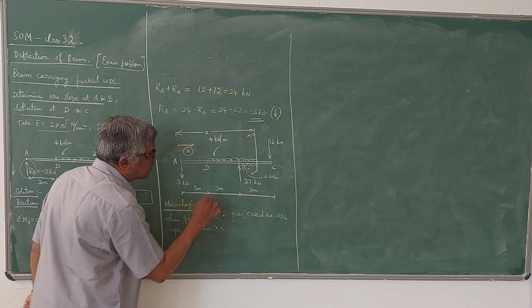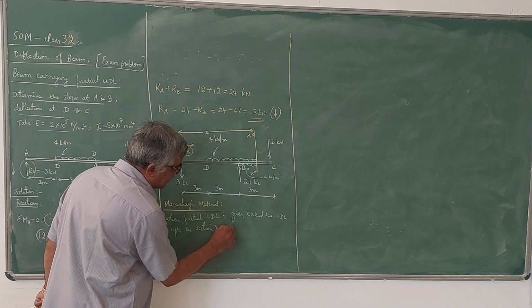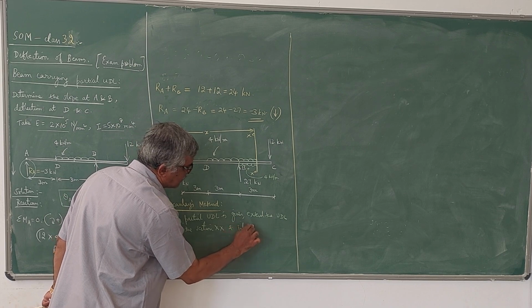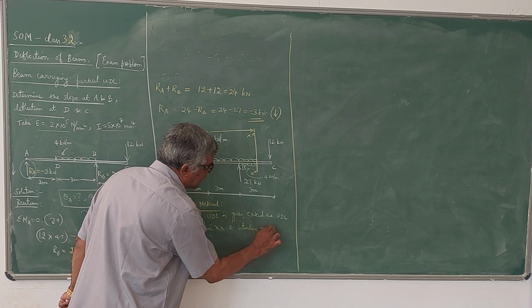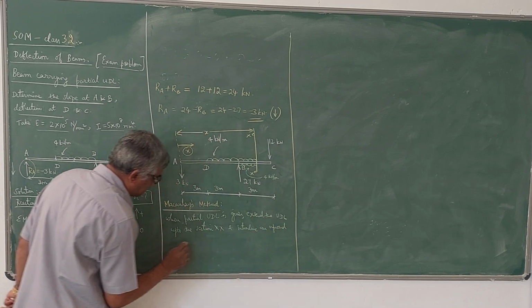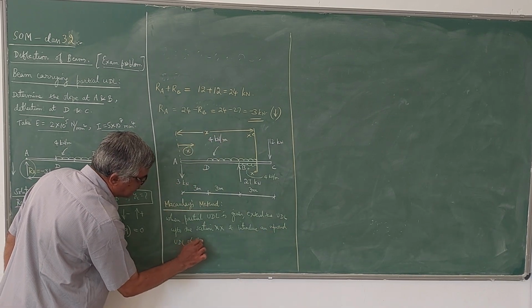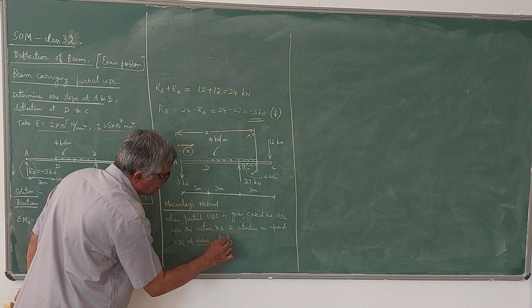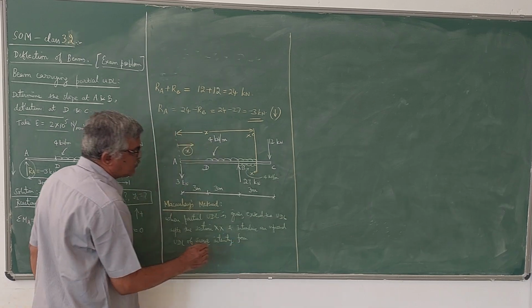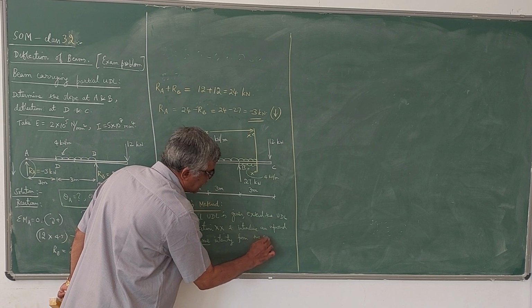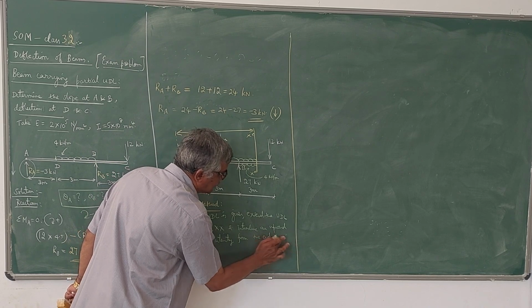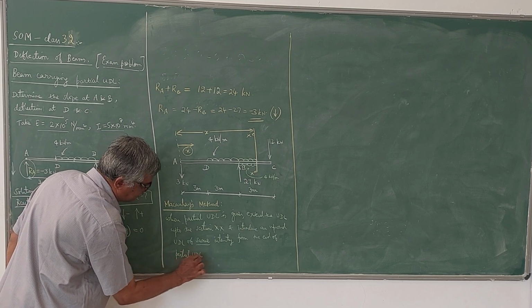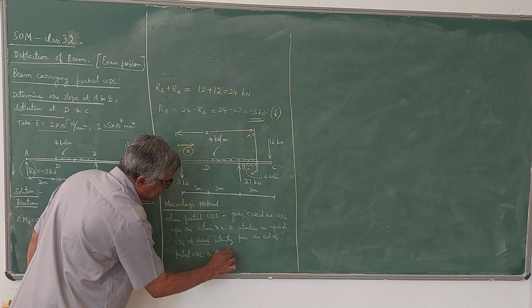Section XX, of course, is considered in the farthest region, and introduce an upward UDL of the same intensity from the end of the partial UDL to the section XX.